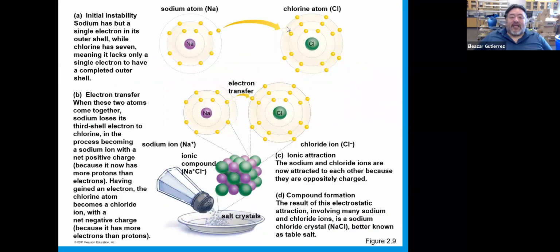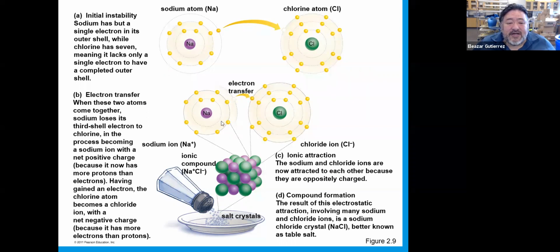Here it is, okay? So there's a valence electron of sodium, and here's 1, 2, 3, 4, 5, 6, 7 valence electrons of chlorine. This electron is given away. This guy now has a +1, and this guy has a -1.